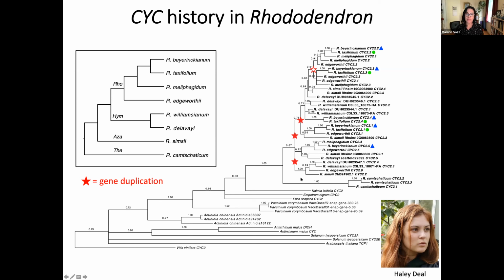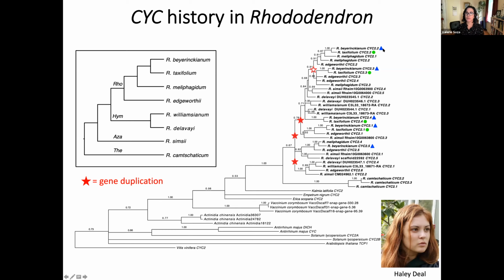But then we also noticed that there were some main duplications that were shared by the other three subgenera, Azaleastrum, Hymenanthes, and Rhododendron. So there were three main duplications shared by these three subgenera, and then another duplication that was shared by subgenus Rhododendron.